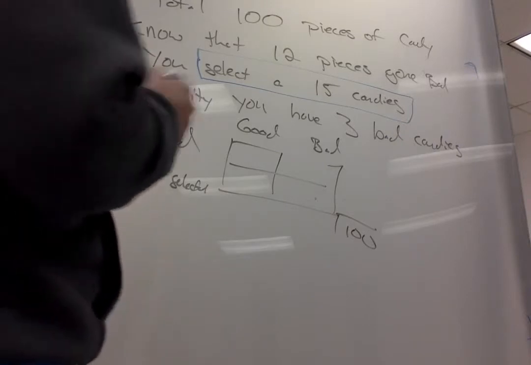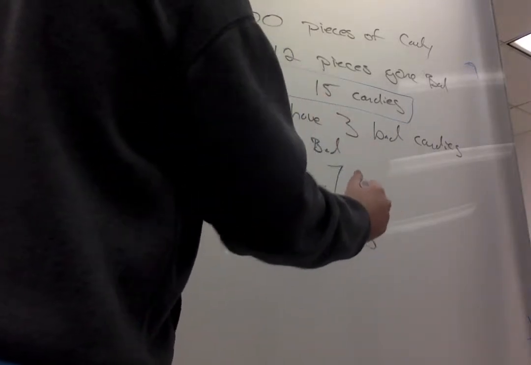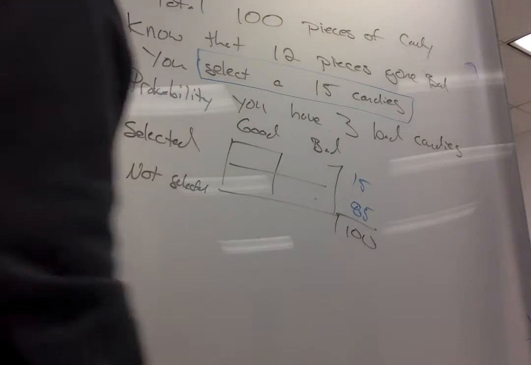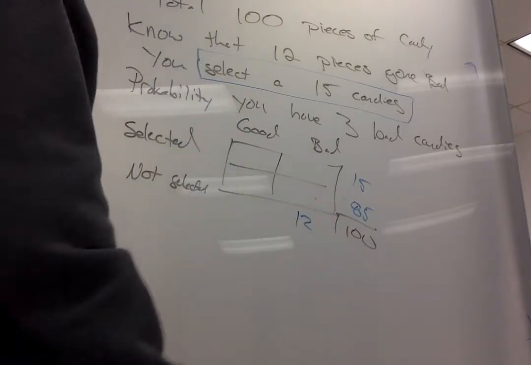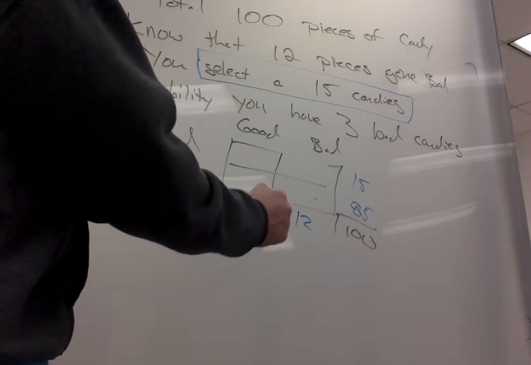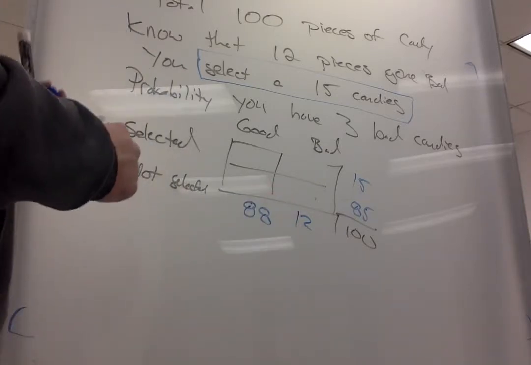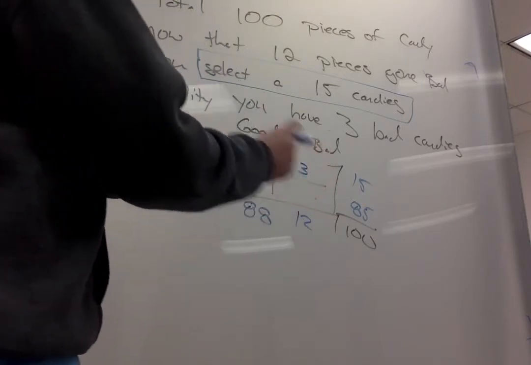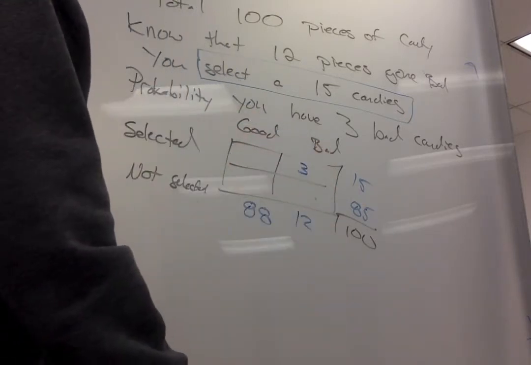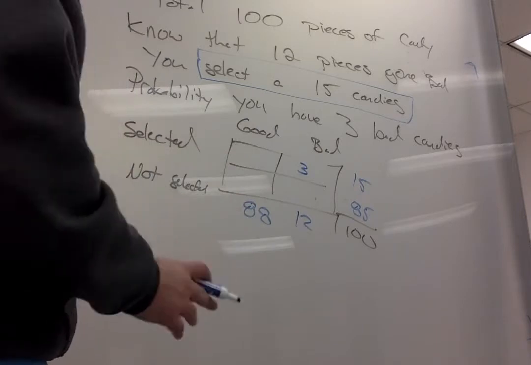We know that 15 are being selected, which means that 85 must not have been selected. We know that there's 12 bad total candies, which means there must be 88 good total candies. And we're interested in having 3 bad candies inside of our selection. So now we're going to use that to fill the rest of the table out.